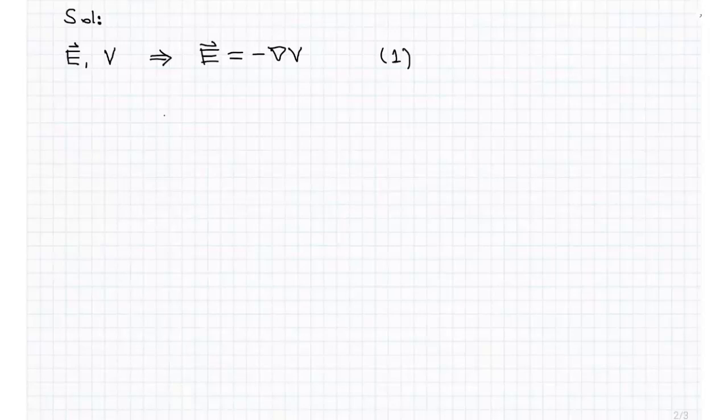So we can write E is equal to minus the derivative of the potential with respect to the radius.